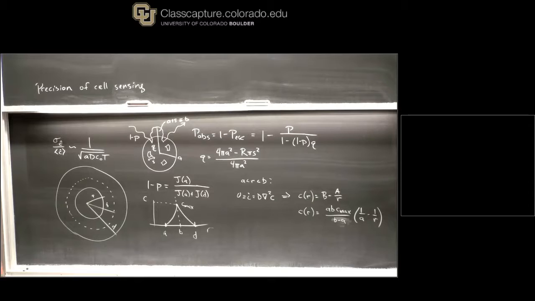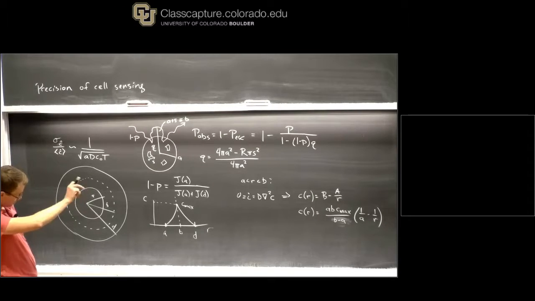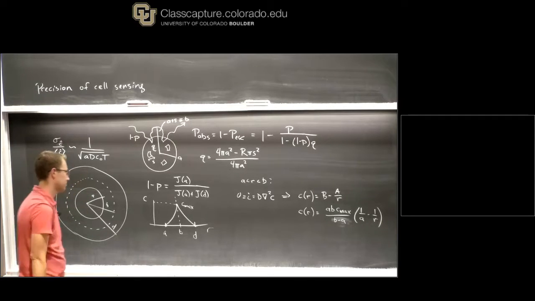If R is A, we have 0. If R is B, then we have B minus A over AB, and the AB's cancel, and we get C max. Good.